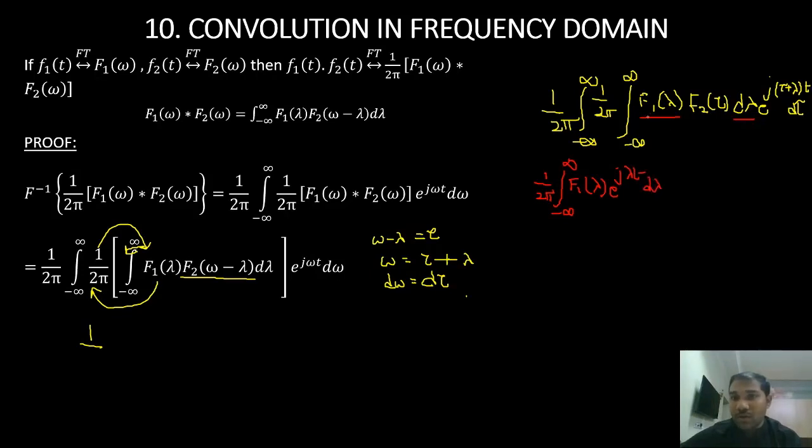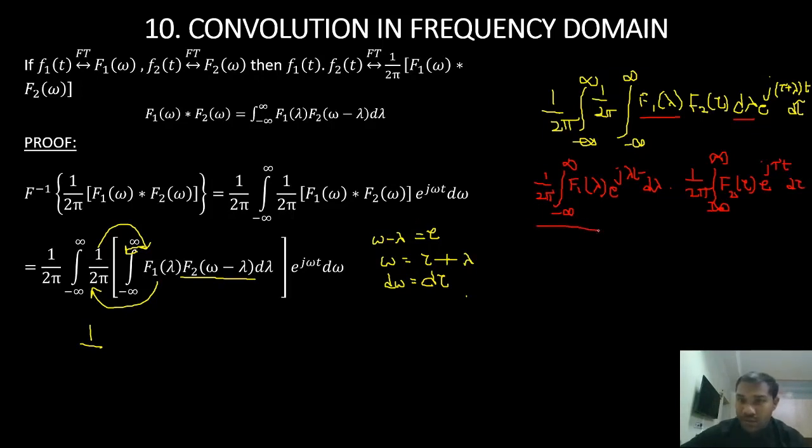So this part is over, and I have one more 1 by 2 pi and one more integral from minus infinity to plus infinity, with f2 of tau, and here I have what is left after taking out e power j lambda t, e power j tau t, and d tau.